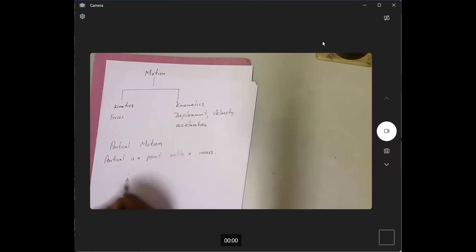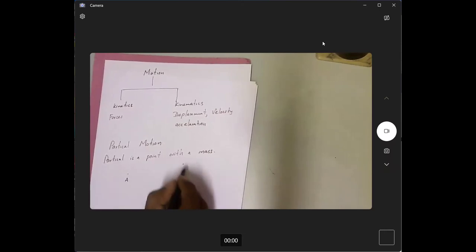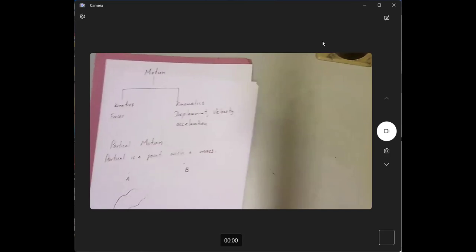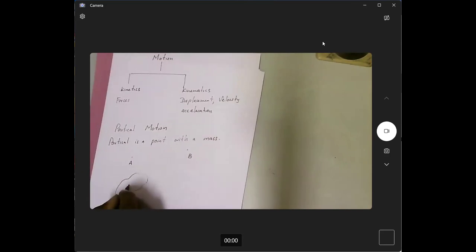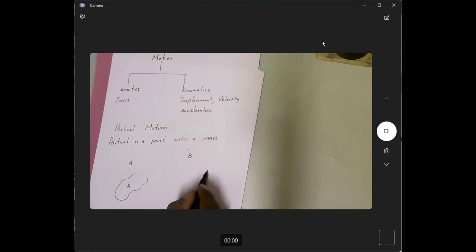So we start from this point and after a certain time it will reach another point, right? But if it is a solid object with dimensions, of course it can do the same thing. At one instant it is at this point, and later it moves somewhere here.